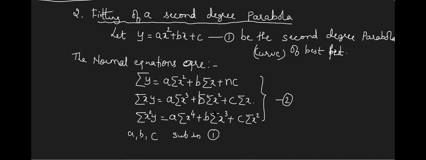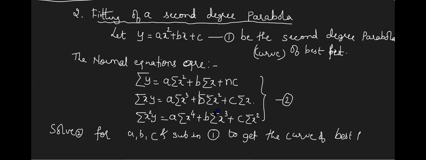So I'll take one problem and explain. If you want, take a screenshot of this or else just write it. Solve equation 2 for A, B, C and substitute in equation 1 to get the curve of best fit.